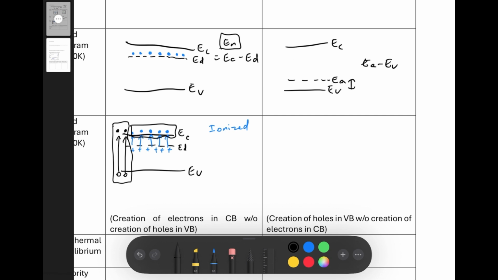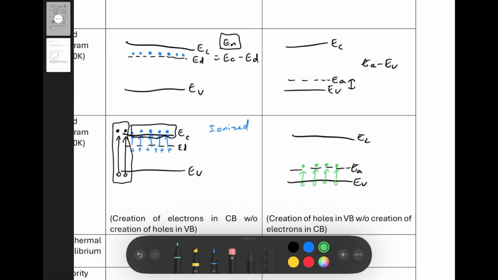So now let's look at how it looks above 0K. We have a conduction band, valence band, and then the acceptor energy level. Above 0K, some of the electrons from the valence band will be elevated or excited to the acceptor level. So now the acceptor level is filled with these electrons.